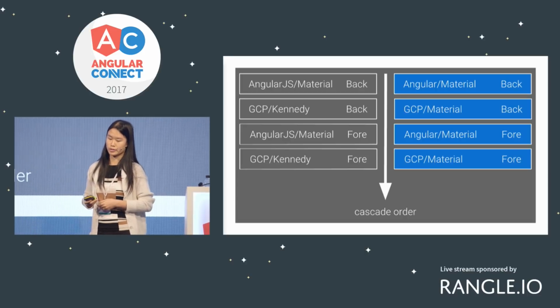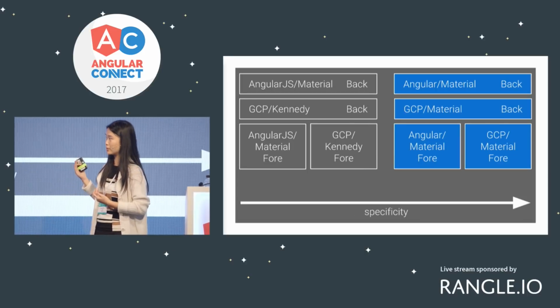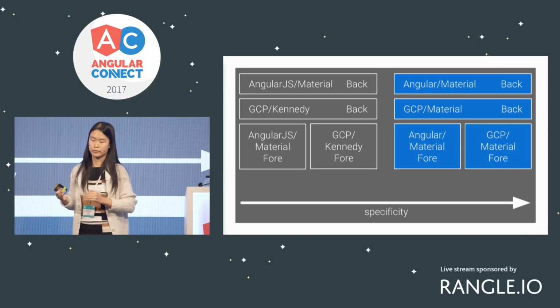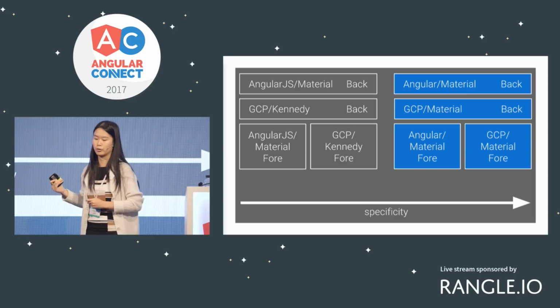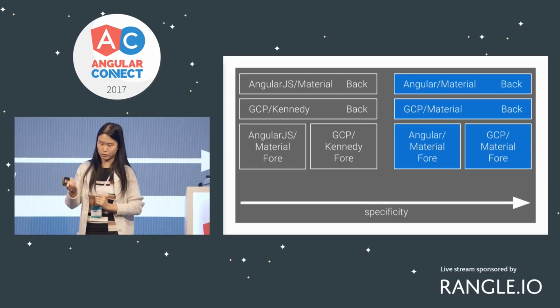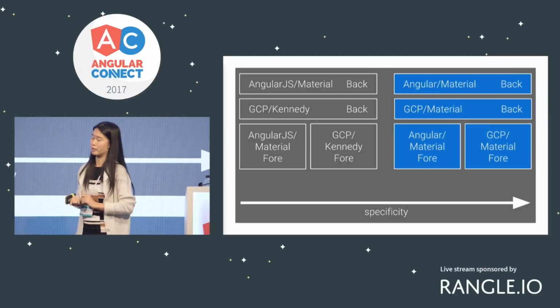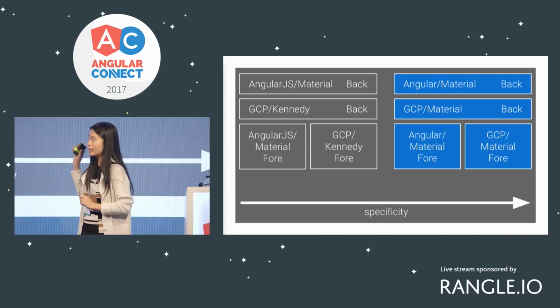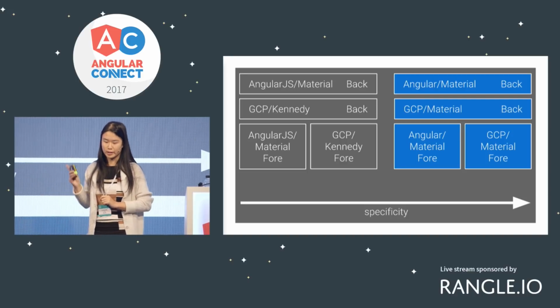So in reality, we do something a little bit more like this, where we rely on specificity and extra layers of encapsulation to make sure that our foreground comes after the Angular Material foreground in terms of style ordering. Short disclaimer, this is actually a lot more complicated in reality, but that's a rant for another time.